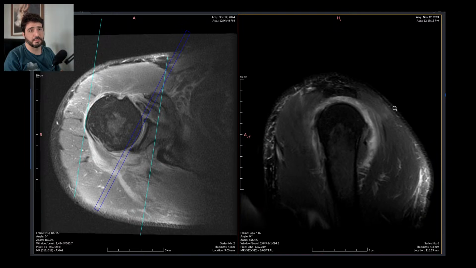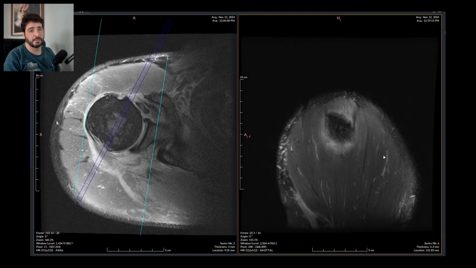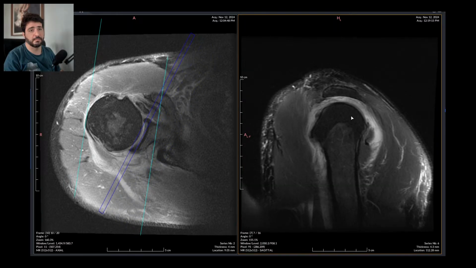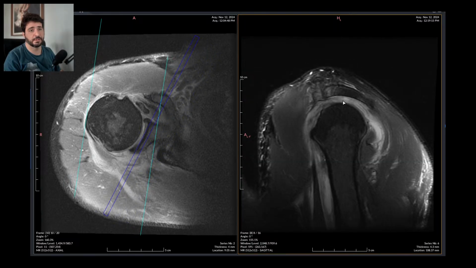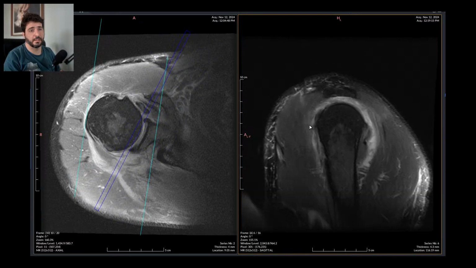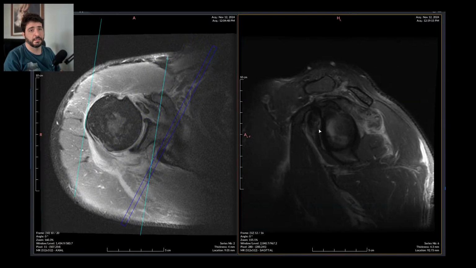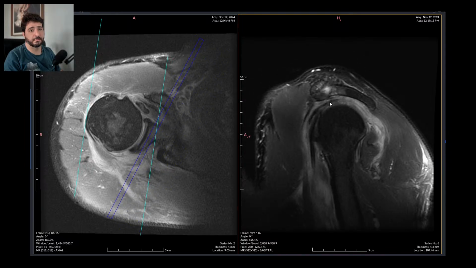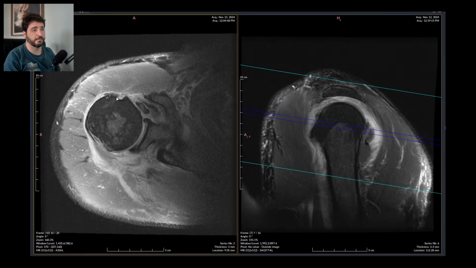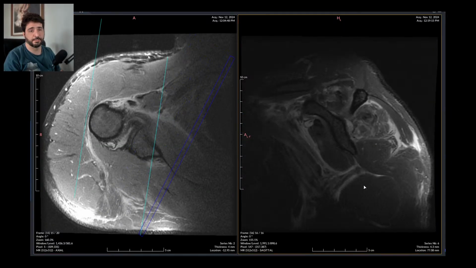So there is a lot of edema. It's a really bad exam. So the supraspinatus is ruptured, the infraspinatus is ruptured, and the subscapularis also, and the long head biceps tendon is right there, but it's medially dislocated because it has gone out of its sulcus, which is there because of the rupture of the supraspinatus and the subscapularis.